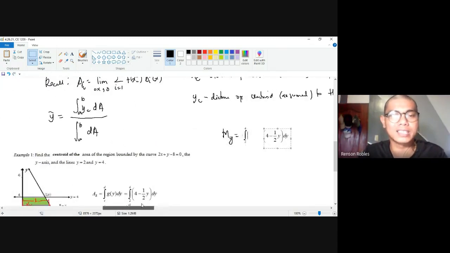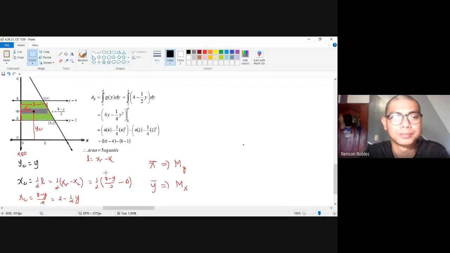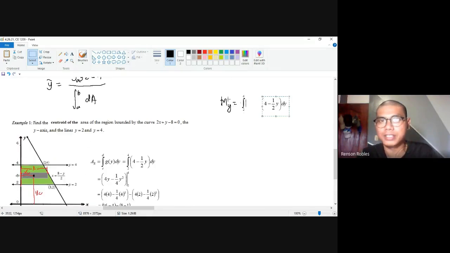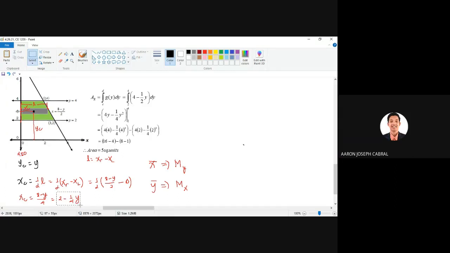For moment in y, is it xc or yc? Look here. Moment in y, we are referring to the y-axis. Then, what distance is associated to the y-axis? It's xc. Tama? Can you still hear me? Yes po, sir.